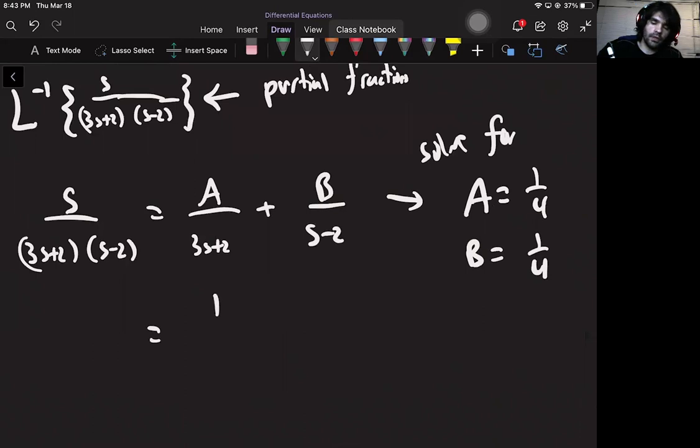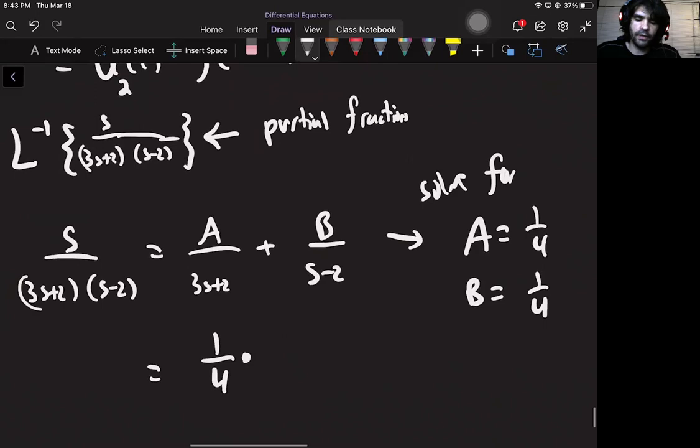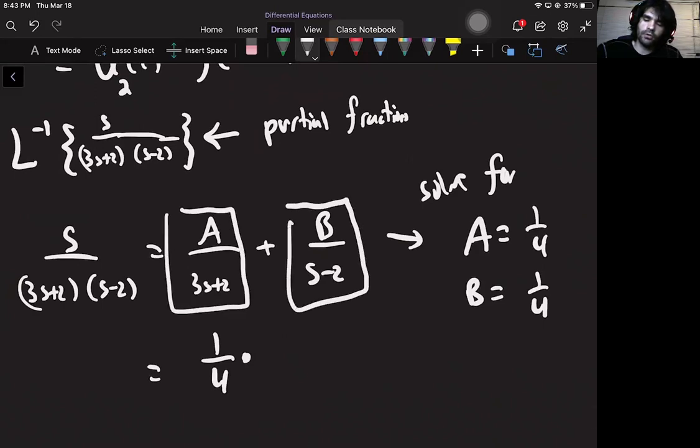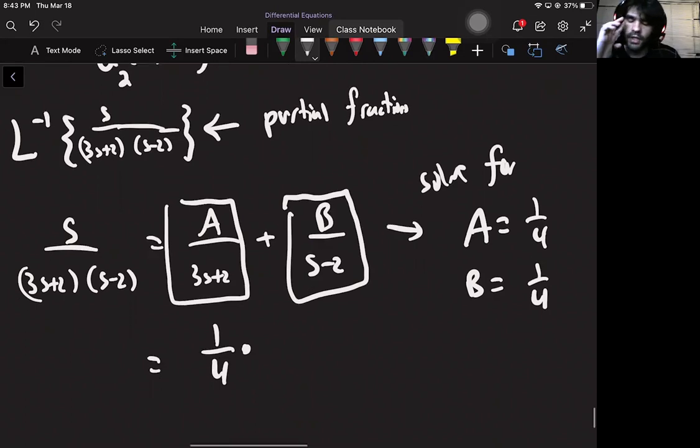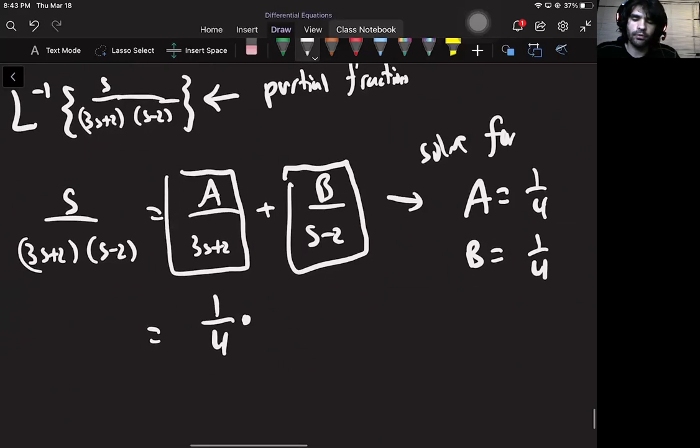And then we're going to write this as 1 over 4 times. And the reason I want to do this is because these types of things are Laplace transforms of exponentials, because remember, e to the at becomes 1 over s minus a. That was the formula.